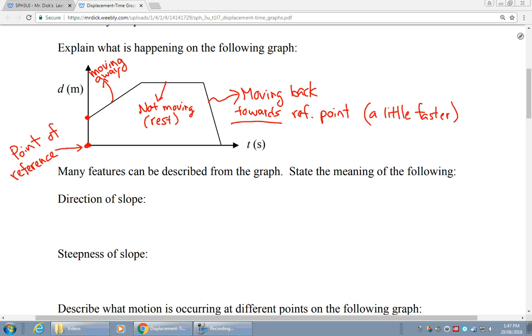Down below, we can talk about the meaning of what we really see happen here. Now that we've summarized that on our graph specifically, let's talk about what these different things mean. So the direction of the slope. We've already seen that the slope could go up this way in what we'd call a positive slope, or it could go down in this direction, what we'd call a negative slope.